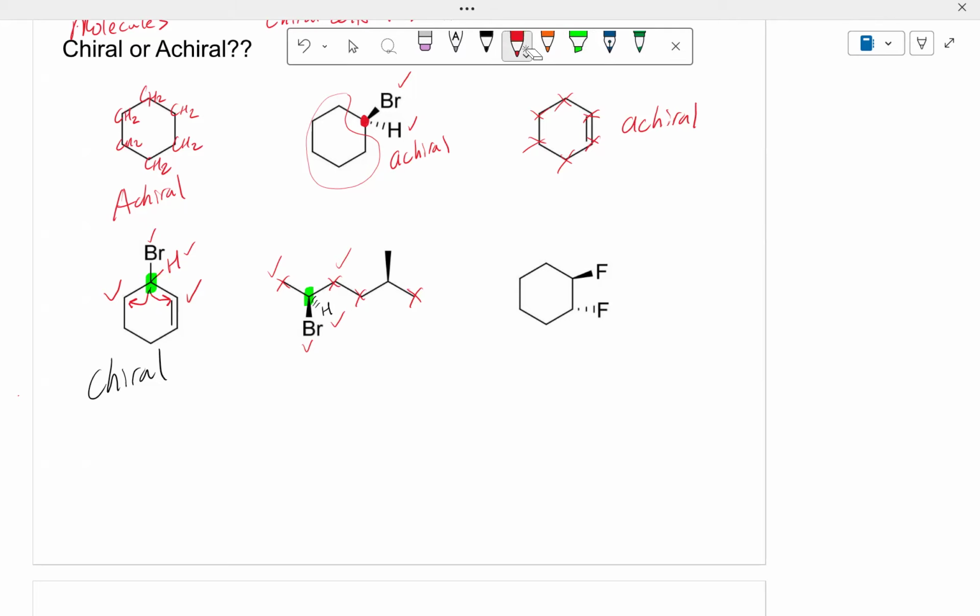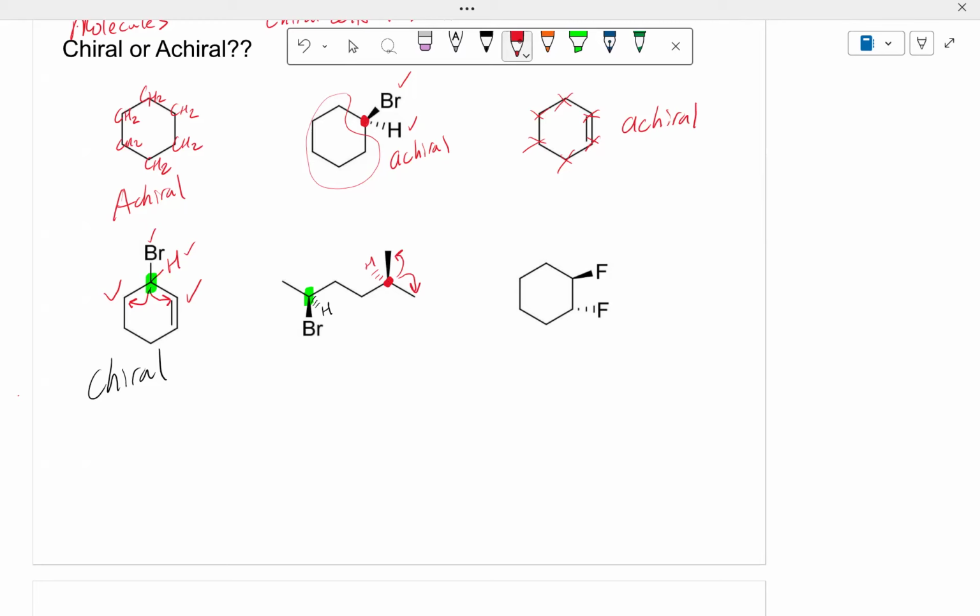Now let's look at the other carbon here. So this is the one we hadn't really decided on yet. Does that one have four different groups? I'll draw on the hydrogen here. If I go this way, I hit a CH3. If I go this way, I hit a CH3 as well.